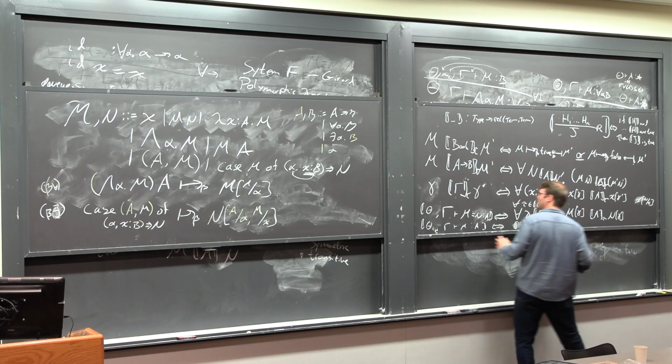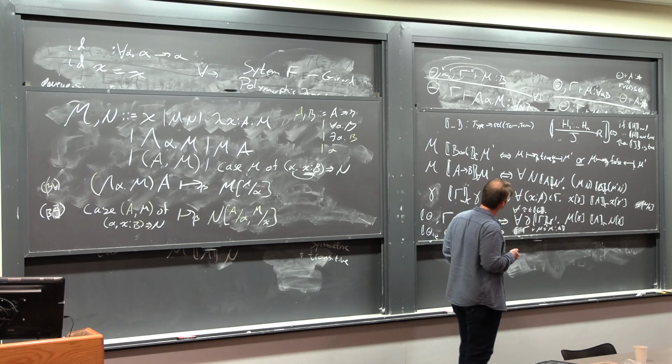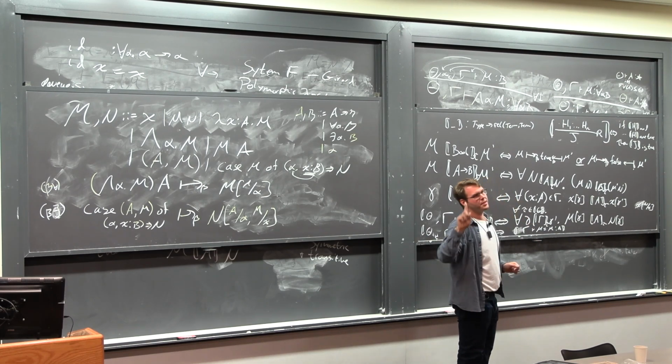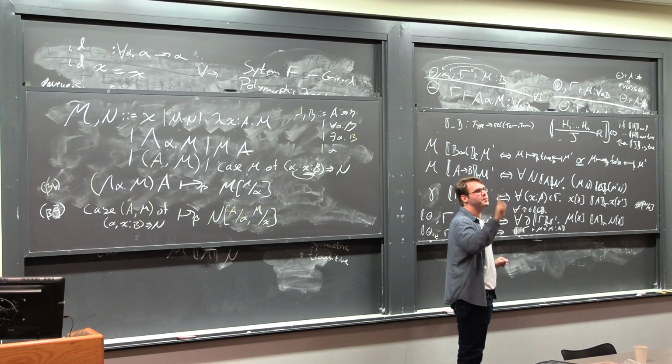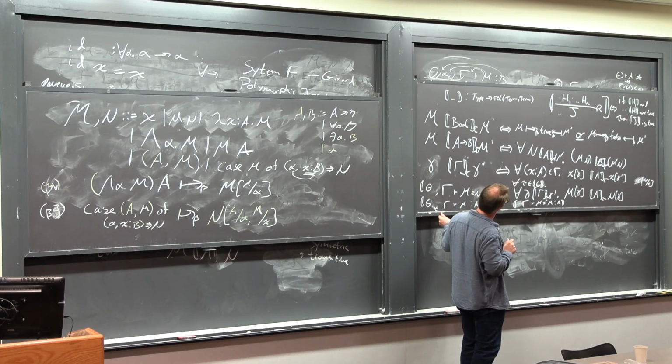This theta tells me how I'm going to interpret these types tau. I know I haven't said what that is yet, so let's hit a pause, but that's what I need to use that information for. Okay, so that's problem number one.